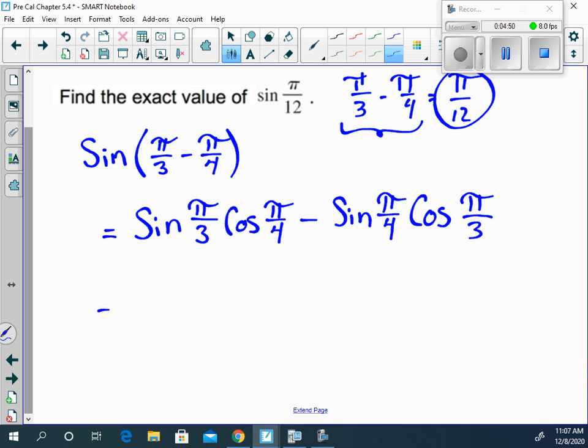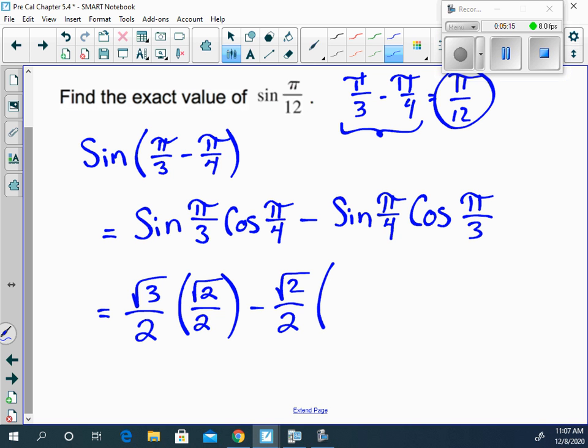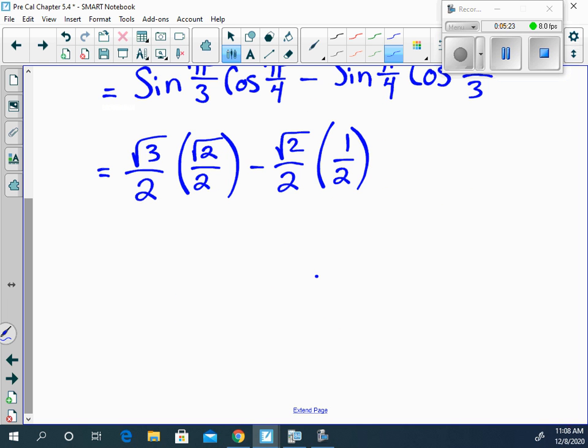But now we can use the unit circle. The sine of pi over 3 is going to be square root 3 over 2. And cosine of pi over 4 is going to be square root 2 over 2, minus sine of pi over 4, which is square root 2 over 2. And this here would be 1/2. We can multiply these together.